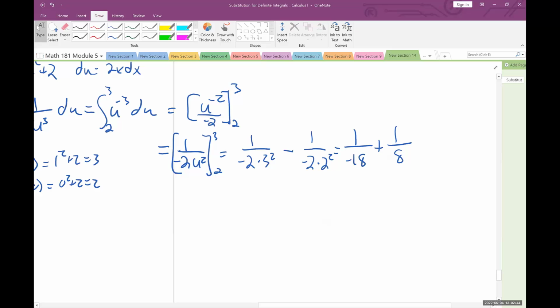It seems right. So we have to multiply this 8 by 9 over 9, and the 18 by 4 over 4. So that's going to be -4 over 72 plus 9 over 72, and you get, good job, 5 over 72. I agree.